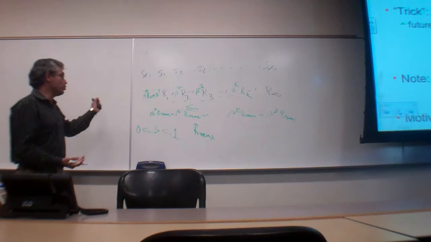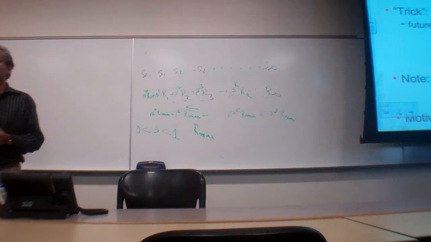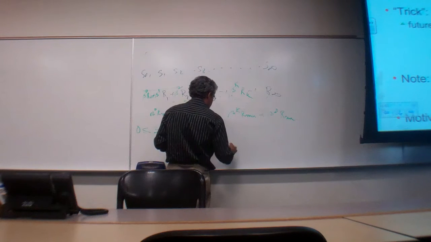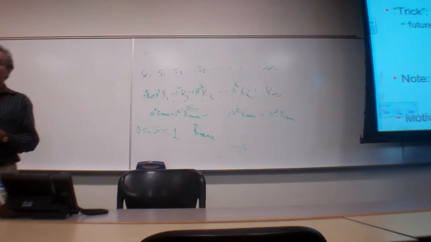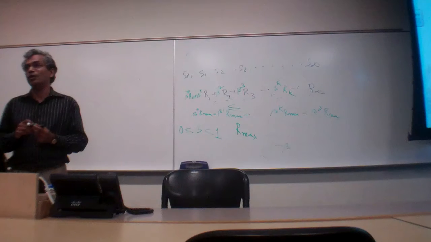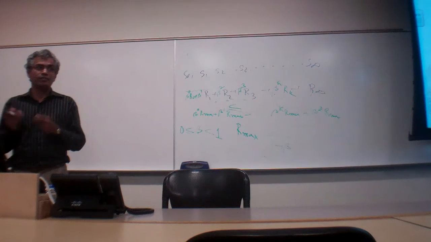So now I can remove the R max and I have a sequence in terms of 1 plus beta plus beta square, etc. If you remember the grade school math, that is 1 by 1 minus beta, the summation for a geometric progression, a geometric sequence with beta as the common ratio. 1 by 1 minus beta would be the summation.